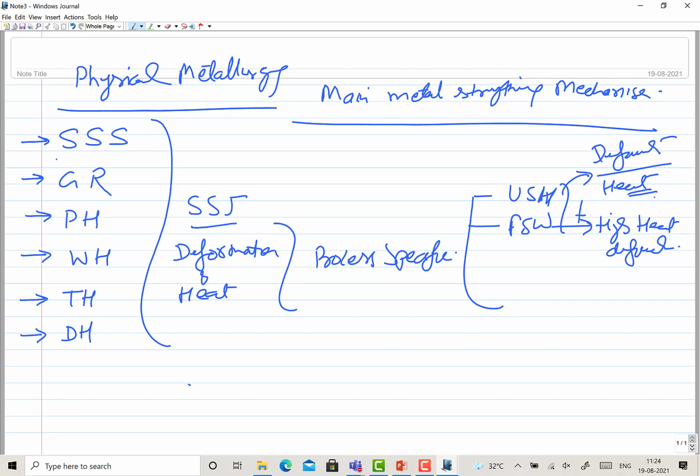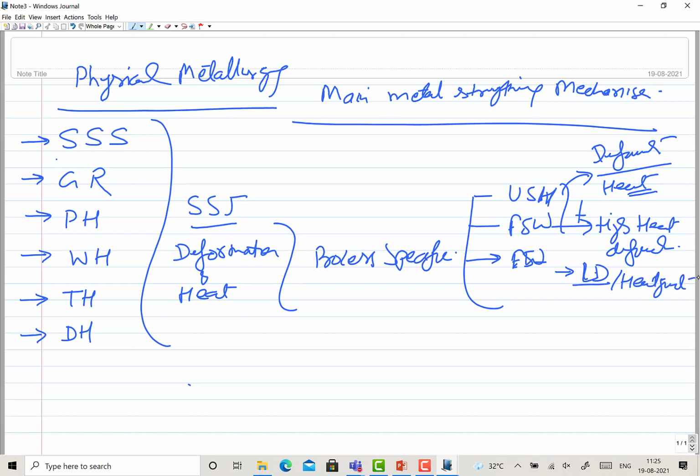But sometimes heat generation in this process can also be significantly high, although it is very localized at the interface. But that is not the case in FSW. Similarly, in explosive welding, a solid state joining process, there is limited deformation as well as limited heat generation.